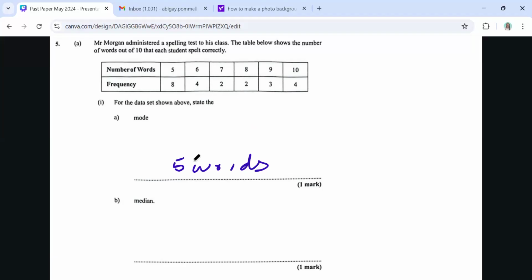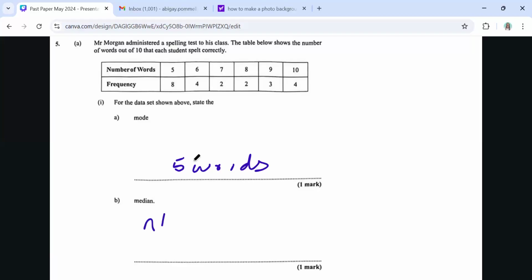All right, so 8 plus 4 is 12. 12 plus 2, 14. 14 plus 2, 16. 16 plus 3, 19. 19 plus 4, 23.